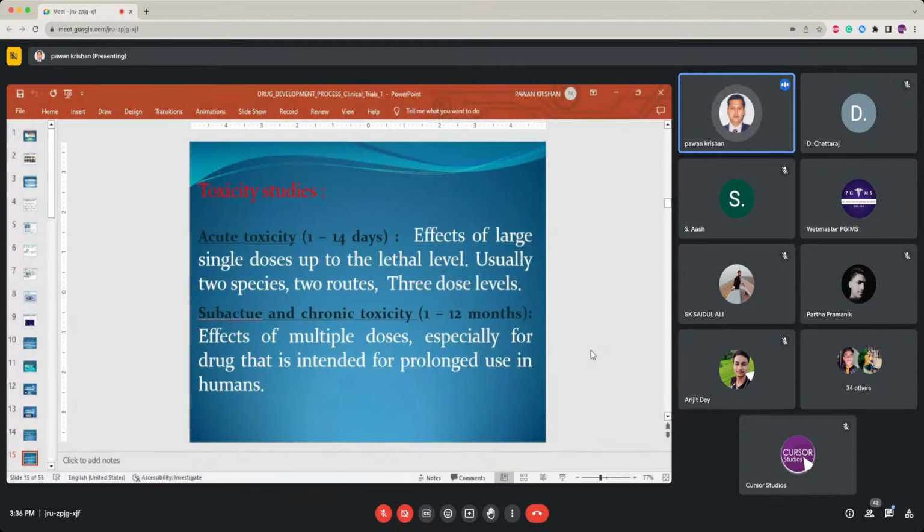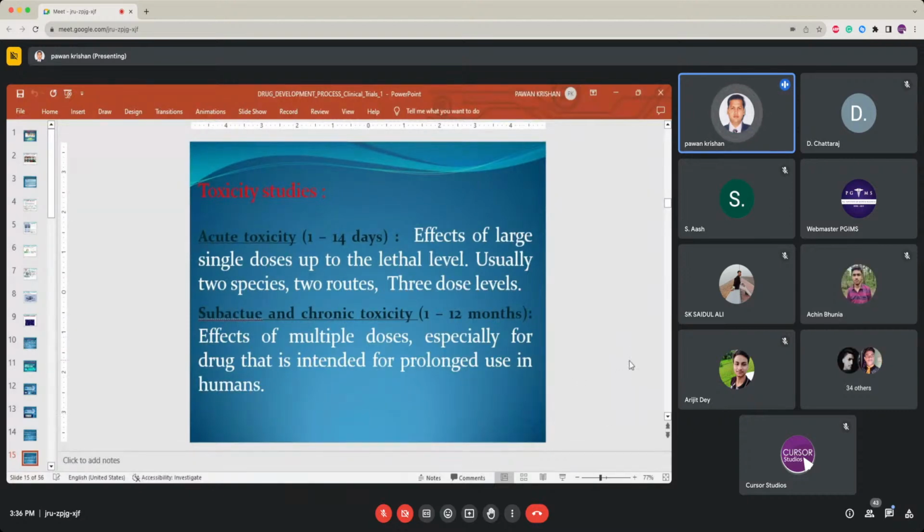We start with a 2000 mg dose, to see whether it is fatal or not. Depending on that, the dose is increased or decreased. If the 2000 mg dose is fatal, the dose is decreased and examined. Likewise, the acute toxicity studies are carried out.